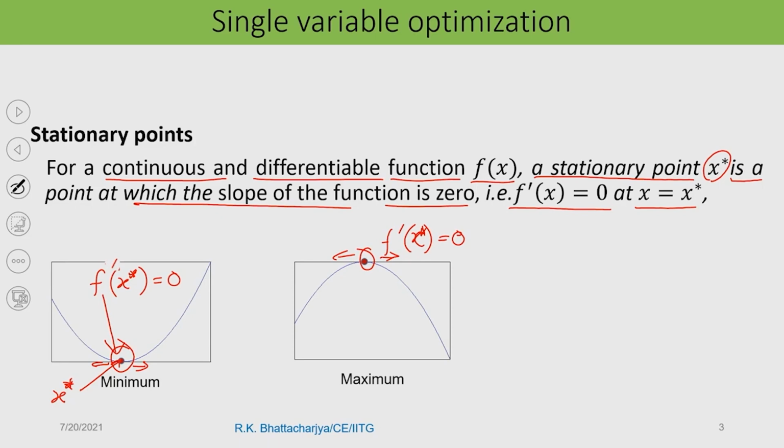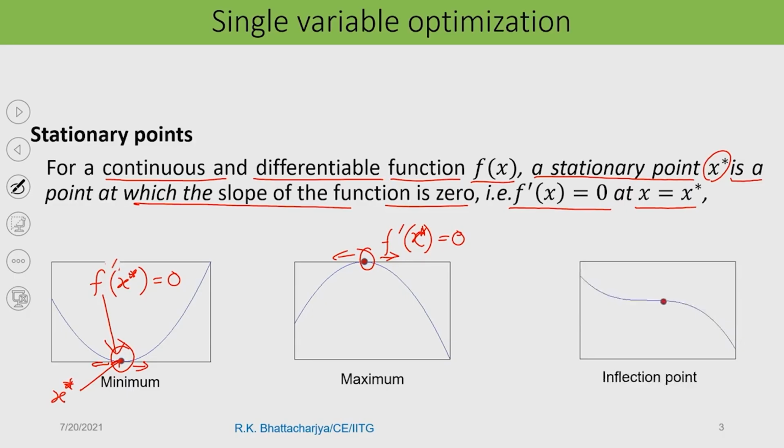Therefore, that is the maximum of this particular function. But this is a stationary point because the first derivative is 0, or you can say the slope of the function is 0 at that particular point.